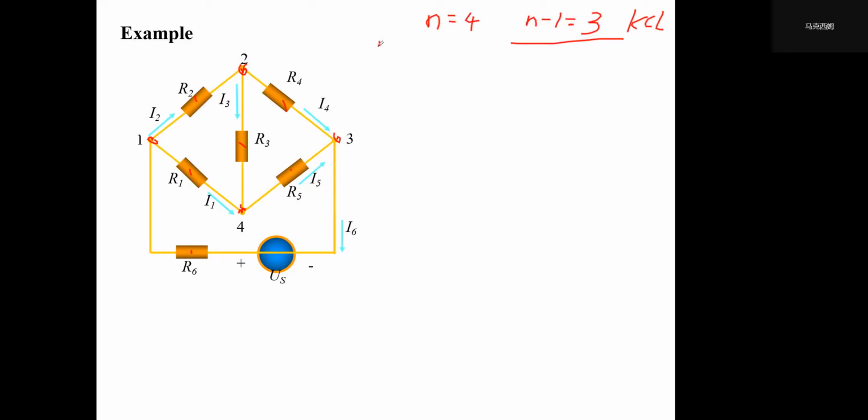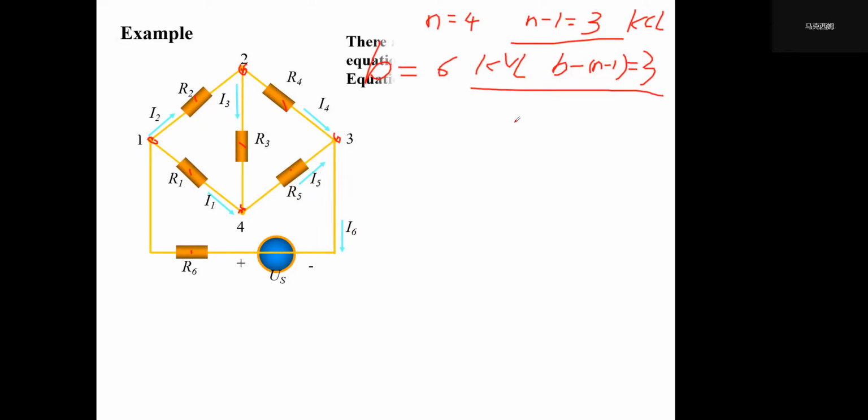Six branches, so B equals 6. And the number of KVL equations is B minus (n minus 1). n minus 1 is 3, B is 6, so this number is 3. Together, they form 6 equations to solve the branch currents. So we now know that we have 3 KVL equations and 3 KCL equations to list.